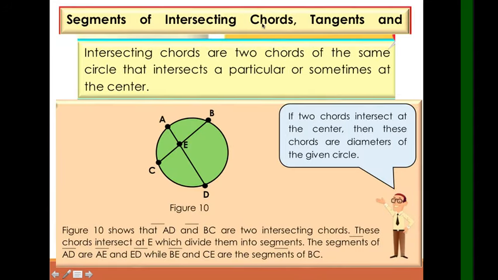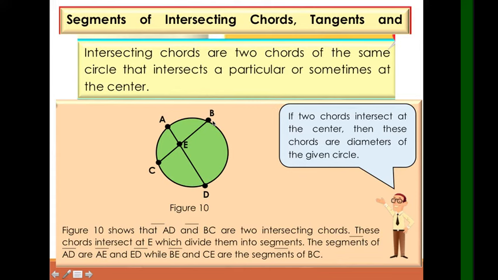Now, segments of intersecting chords and tangent. Intersecting chords are two chords of the same circle that intersect at a particular point or sometimes at the center. So these two lines are chords, okay? That intersect.